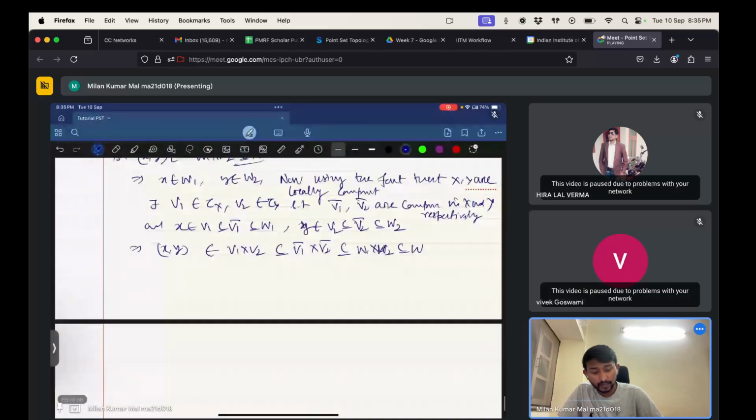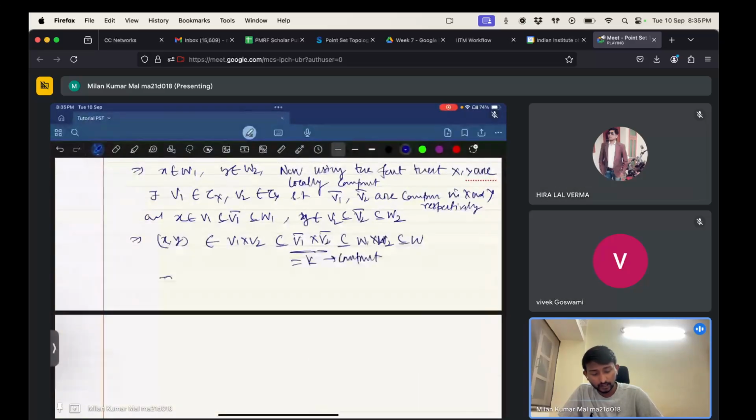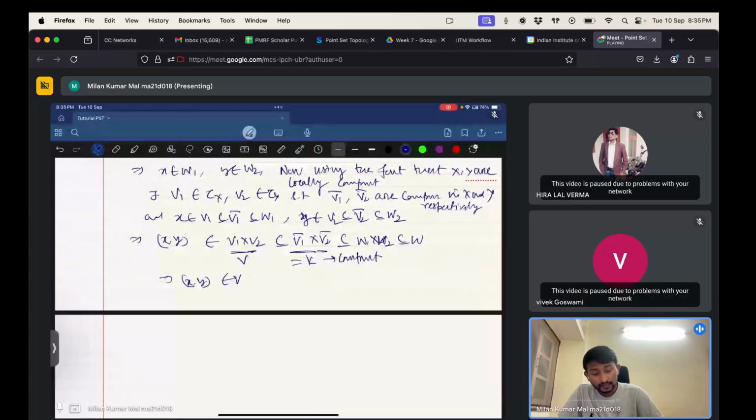But this is the compact set K, and this is the set V, right? So X cross Y has a point sitting inside an open set V that is sitting inside a compact set K that is sitting inside W, right? That implies that X cross Y is locally compact.